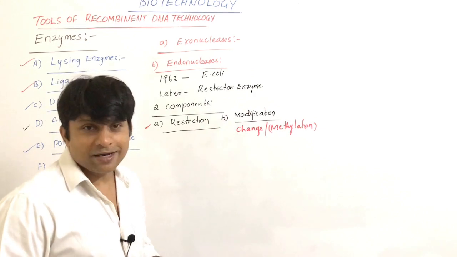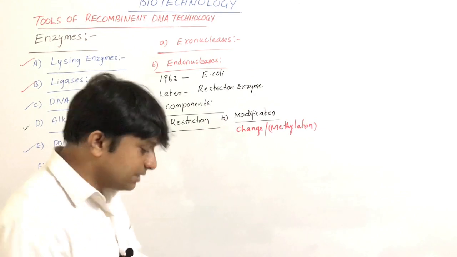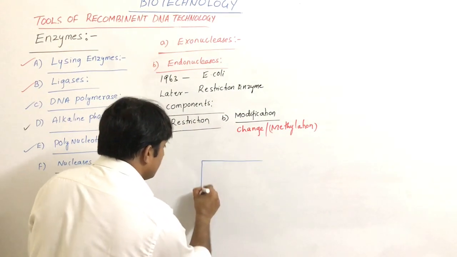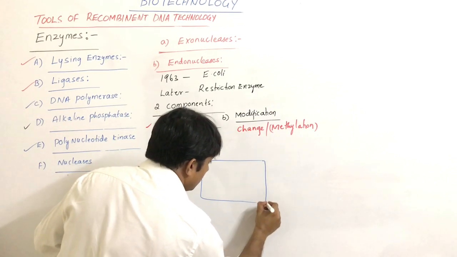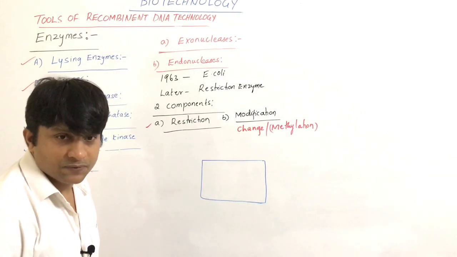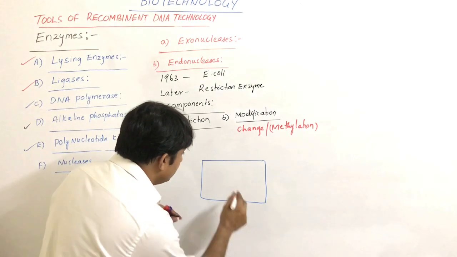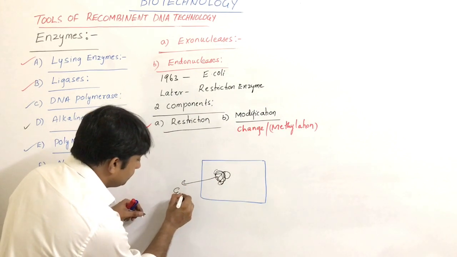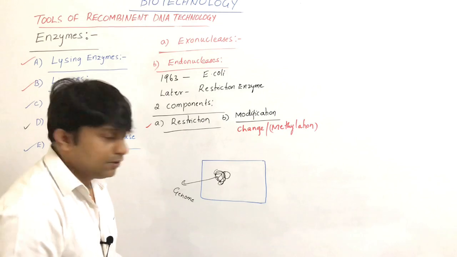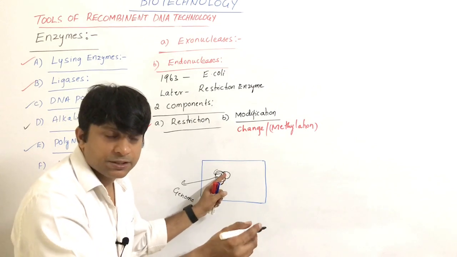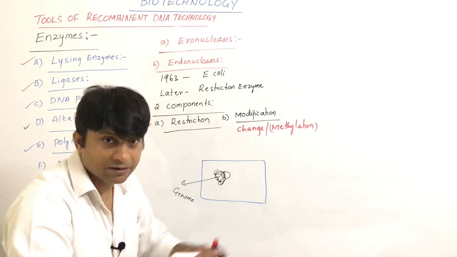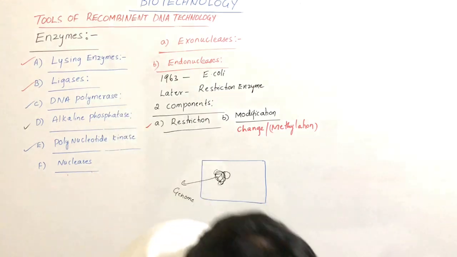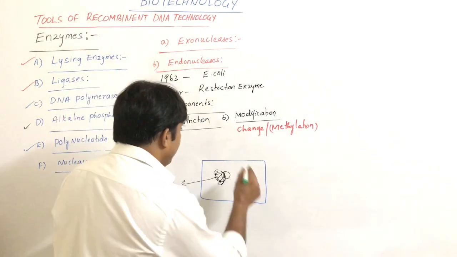So to make you understand better, I'll just show you the lytic cycle. This is the bacterial cell. Bacteria has its own genome. This is the genome of bacteria. So bacteria, with the help of its genome, makes its proteins, everything, and performs its normal activity. Now these bacterial cells are attacked by phages.